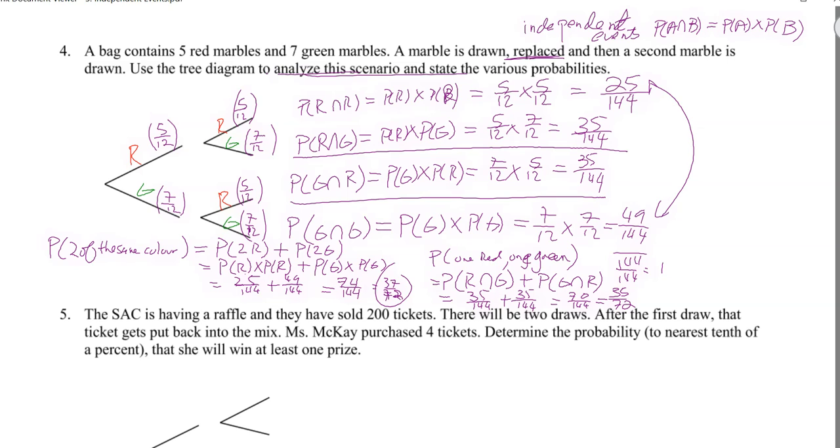So when we're reading this, we really have to watch our interpretation. Another way of saying this is the probability of one of each color.